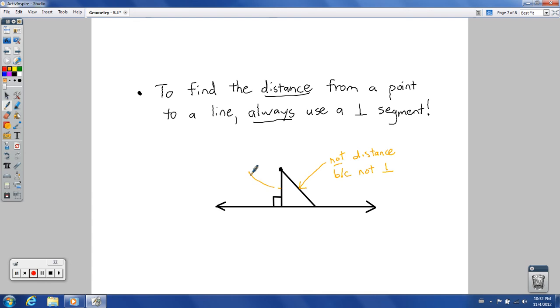But this segment is the distance, because it is perpendicular. So let's make that distinction right here. This segment is not the distance, because it's not perpendicular. I could have any segment this way, this way. These all would not be the distance between the point and the line because they're not perpendicular. But if it is perpendicular, then it is the distance. That's what we would consider the actual distance between that point and the line.